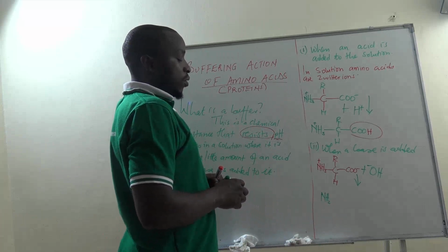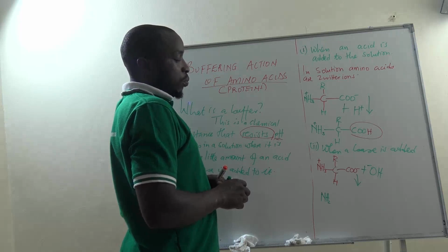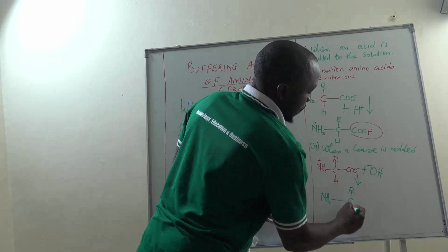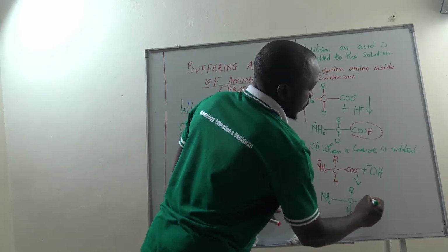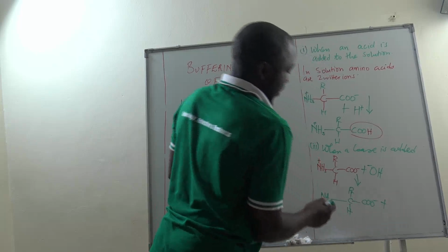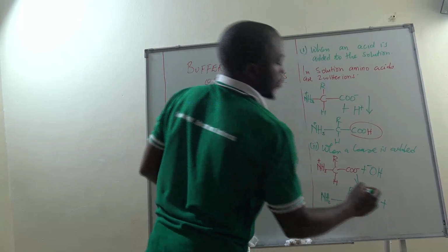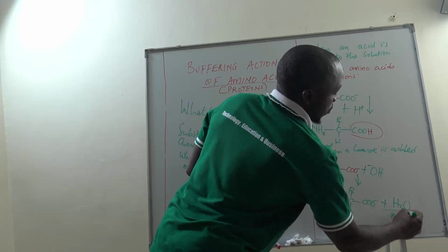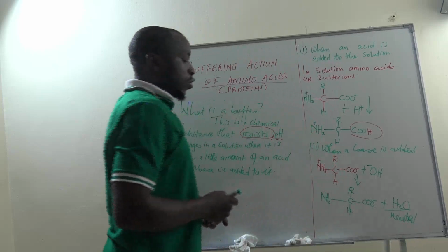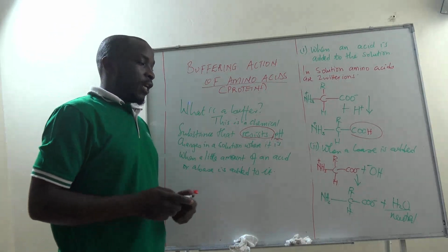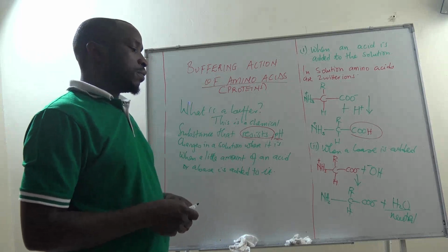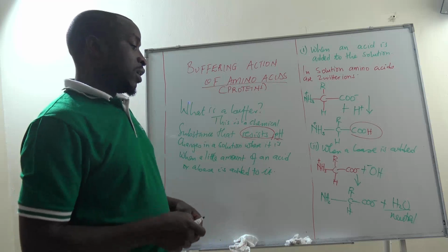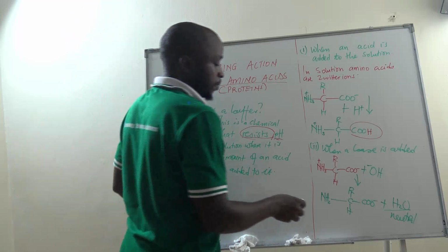The ammonium ion is going to go back to the undissociated form, RCHCOO minus, but the hydrogen that is lost from the amino group is used to form what? Water. Water is neutral. So formation of water will mean that the zwitter ion has protected the system from pH changes.